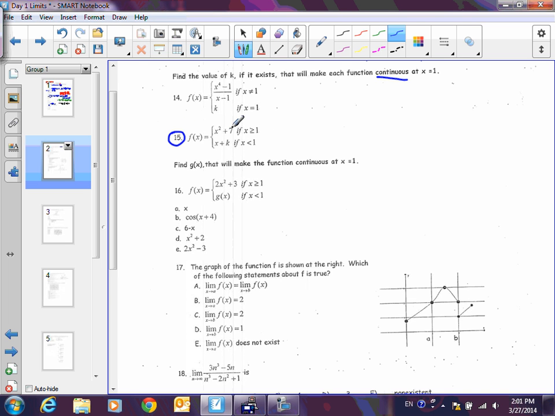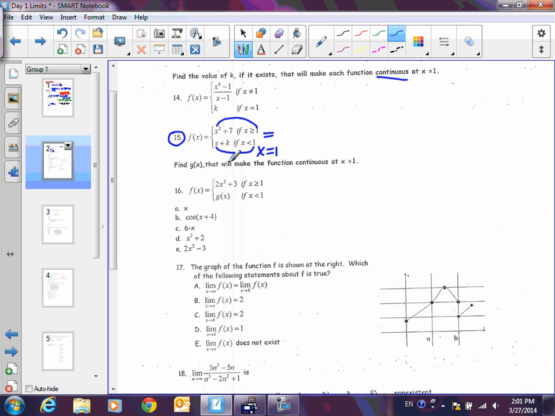What we're thinking here is, okay, I have two pieces to my piecewise function. I have a parabola, and then I have a line, but I can't graph this because I don't know what the y-intercept of that line is. And I want these two pieces to equal each other, specifically when x equals 1. So again, kind of like the limit problem, but this is not exactly a limit.